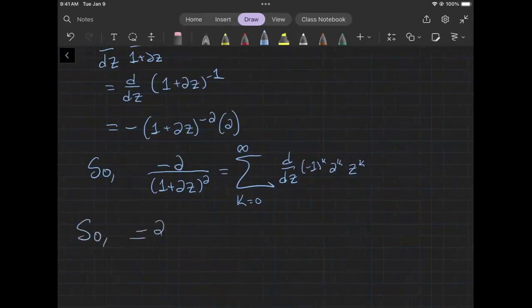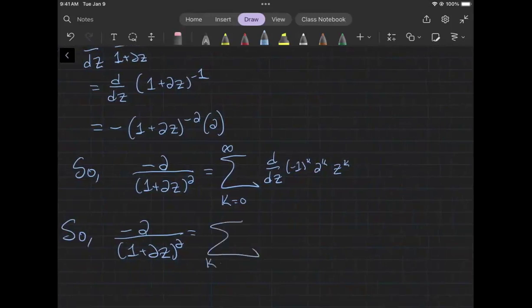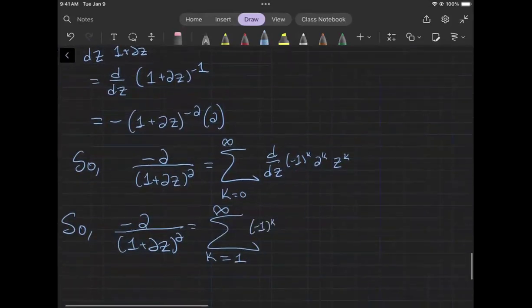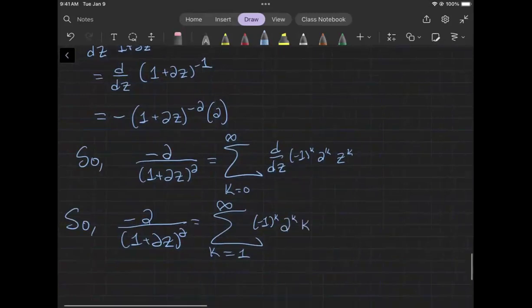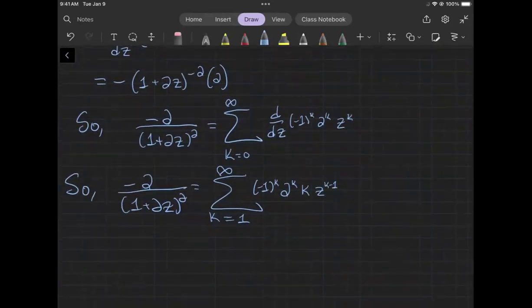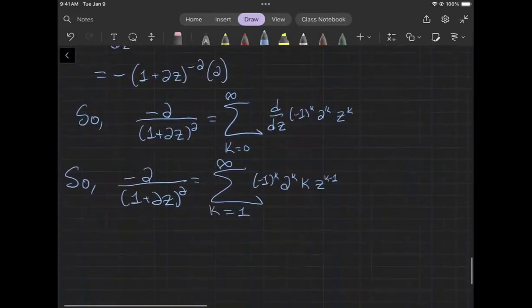So this quantity, minus 2 over 1 plus 2z squared, would equal the sum from k equals 1 to infinity of negative 1 to the k times 2 to the k times k times z to the k minus 1.